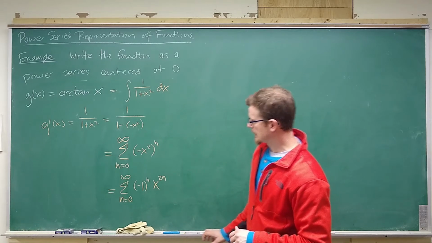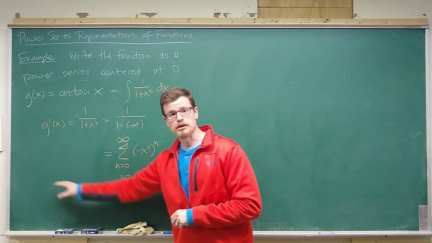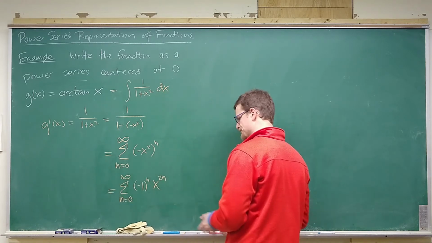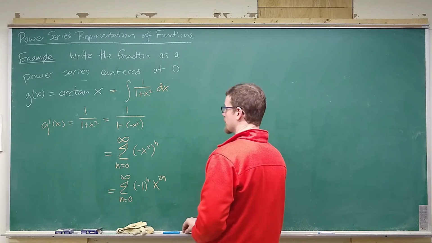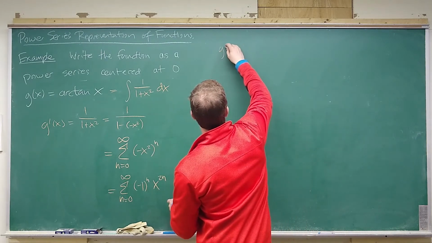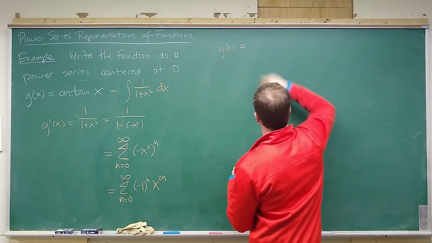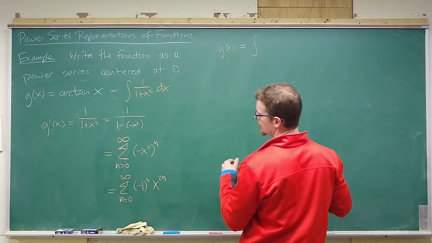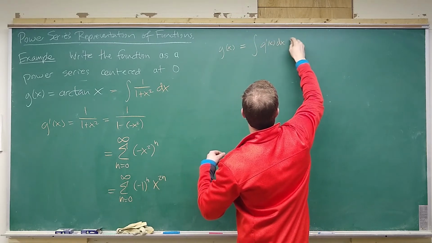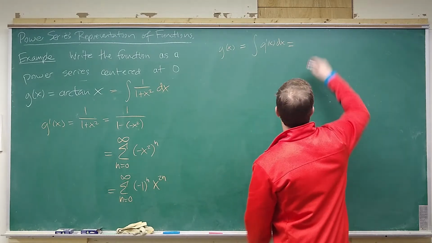All right. Maybe leave a little bit of room right here, as I have, for an additional comment that we'll return back to. Okay. Then g of x is equal to the integral of g prime of x dx, which we can use the power series representation for.